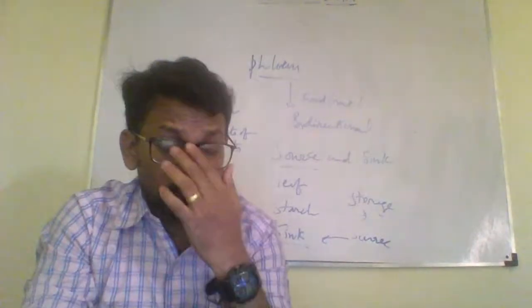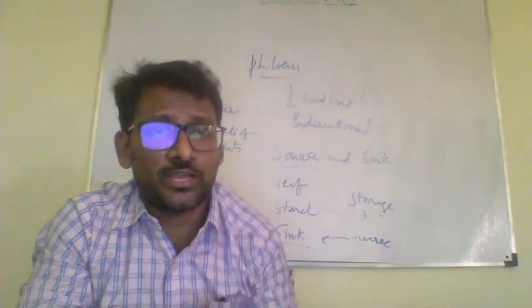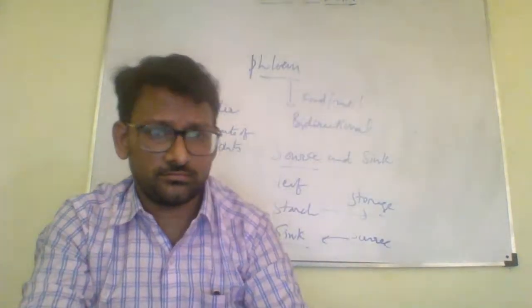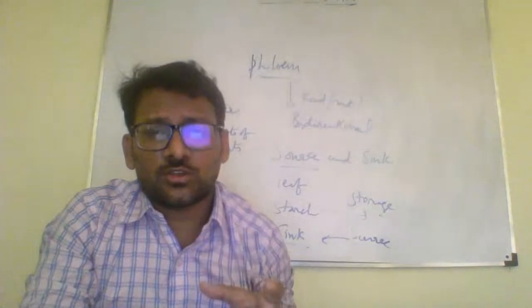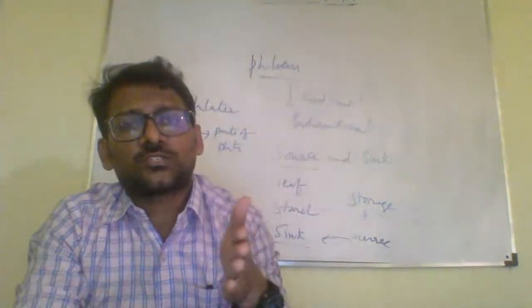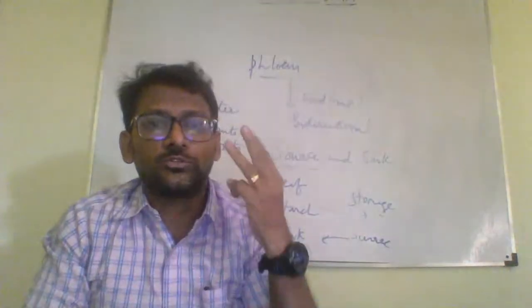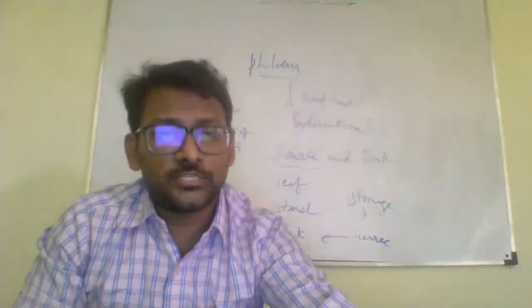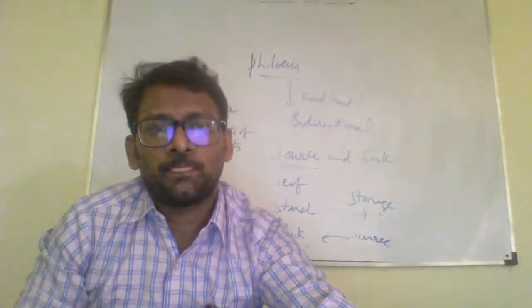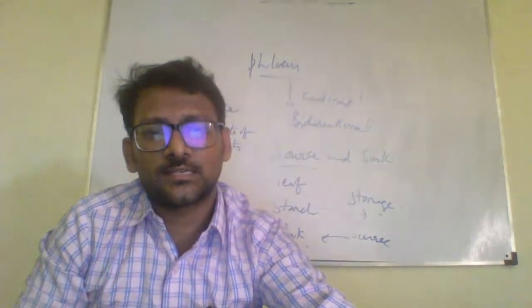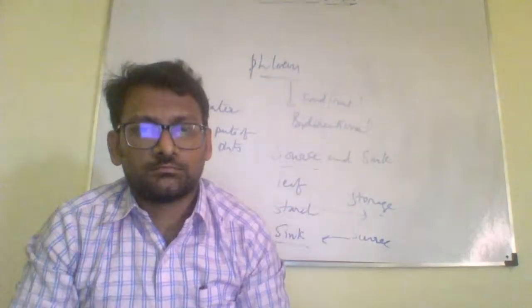In this mass flow or pressure flow hypothesis, what it states is that according to this hypothesis, the organic solute translocates in three different steps. Okay, one is phloem loading.